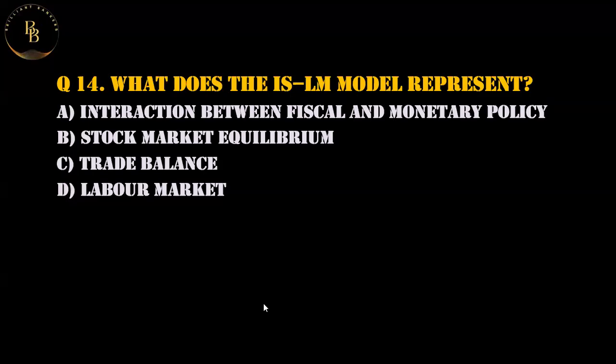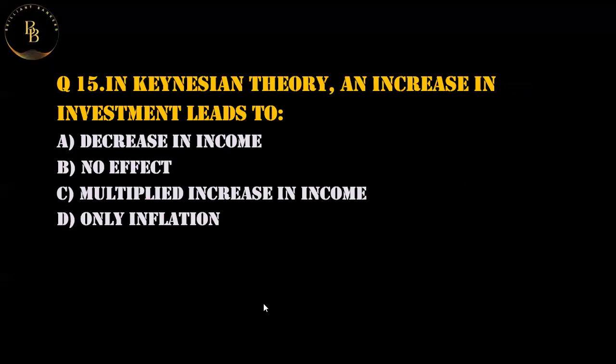The right answer is the interaction between fiscal and monetary policy. The IS curve is the goods market and the LM curve is the money market. So the intersection of the goods and the money market gives equilibrium in the interest rate and income. So the IS-LM model represents the interaction between fiscal and monetary policy.